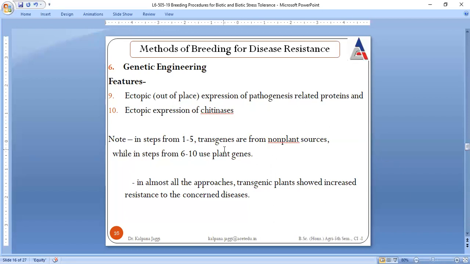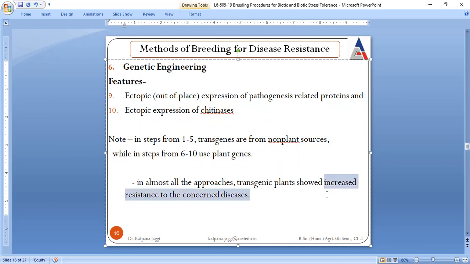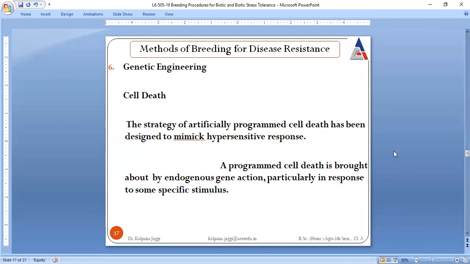The 1 to 5 transgenes are taken from non-plant sources, and 6 to 10 involve genes that are isolated from the plants, right? And whatever transgene methodologies are adopted, these all have shown increased resistance to the concerned diseases. Here in genetic engineering, we have one concept: we introduce a gene that will confer resistance to the plants.